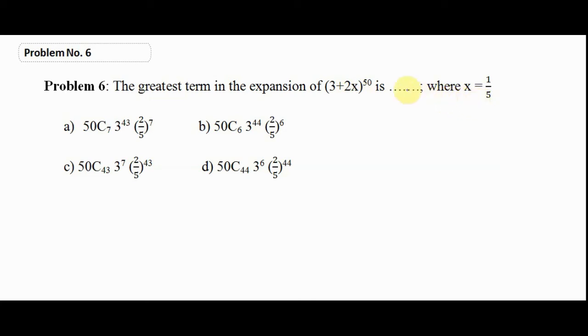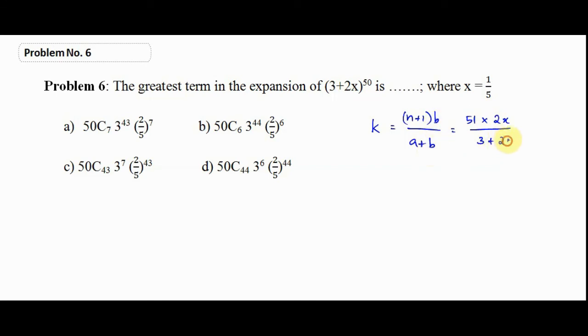So therefore we may calculate the greatest term by first finding out the value of k. Here k will be nothing but (n plus 1) into b divided by (a plus b). Now here the value of n is 50, so n plus 1 will be 51, into b value, which is 2x, divided by a value, which is 3, plus b value, 2x.